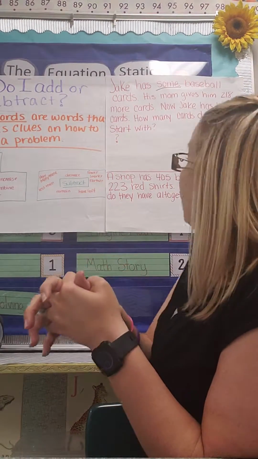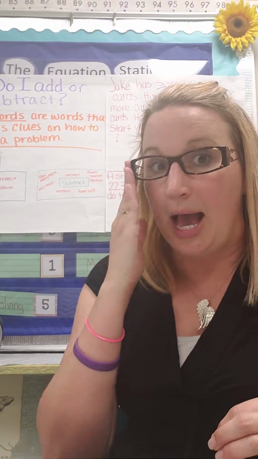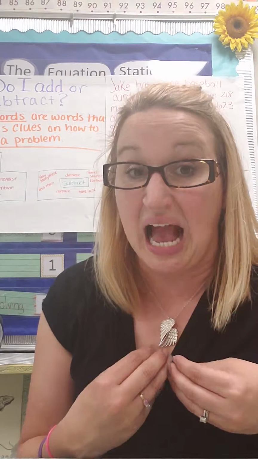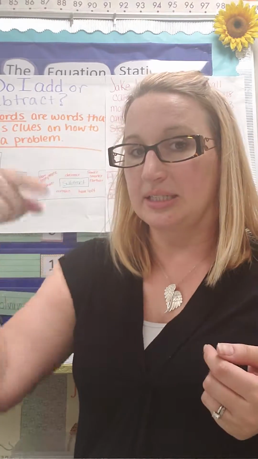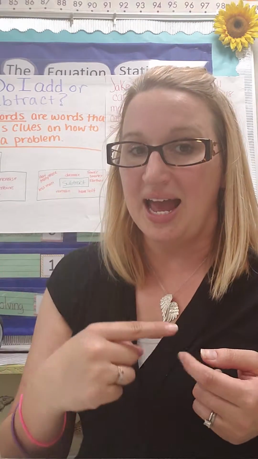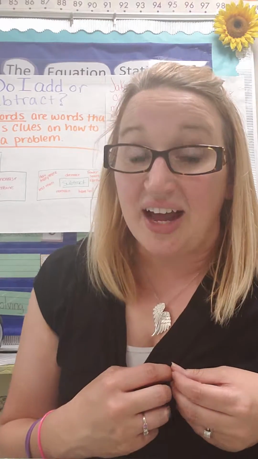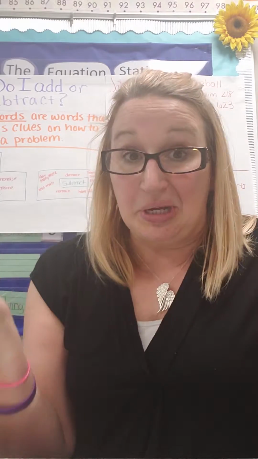His mom gives him 218 more. Okay, I know that if my mom gives me something, I get more of something. So how do I know if I'm going to add or subtract? Well, if I get more of something, I need to find an operation that gets me a bigger number.